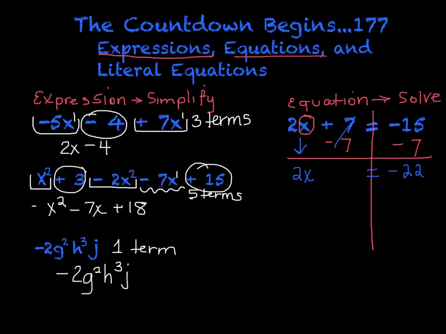Now, again, I'm going to circle that variable because I'm still trying to get that x all by itself, and I know that 2 and x are connected here by multiplication. So I'm going to do one of two things. I can either do the opposite, which would be divide by 2, because 2 over 2 would give me 1, or I can also multiply by the reciprocal.